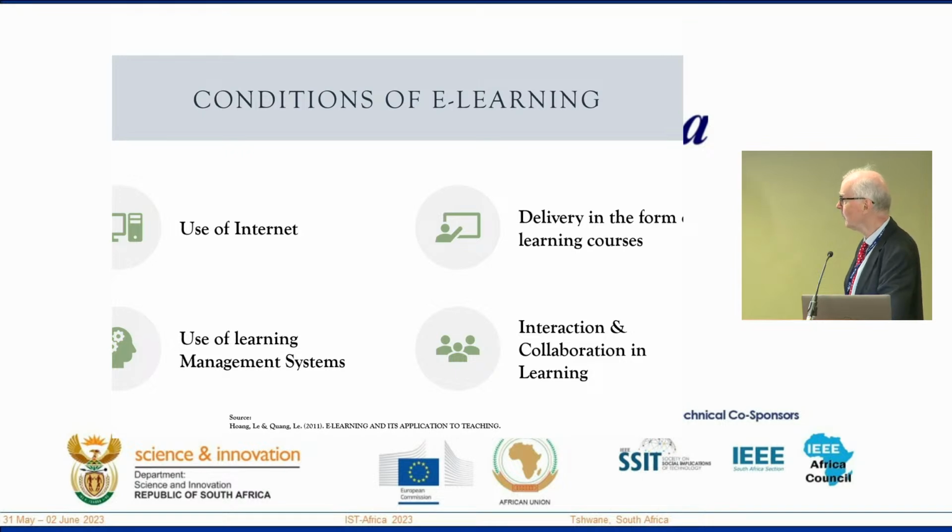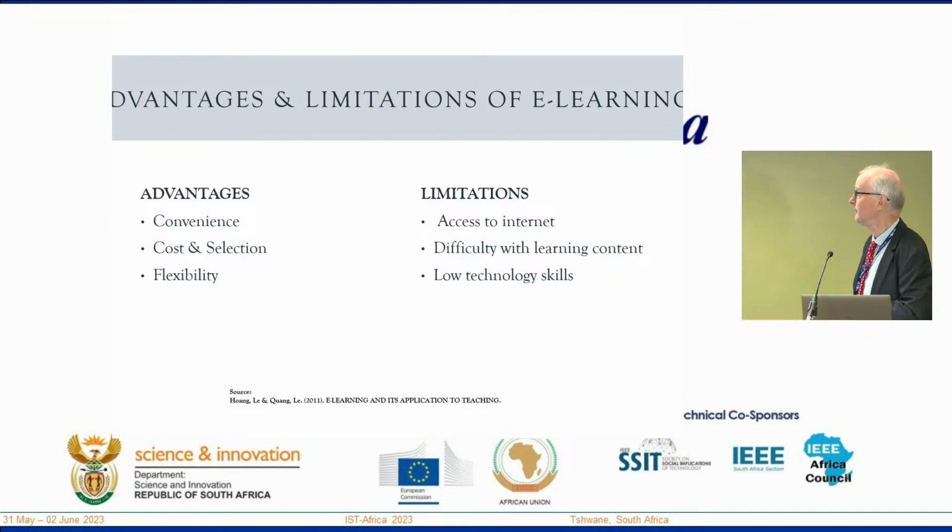And one of the most important aspects of e-learning is that you have to take care of interaction and collaboration of the students and student trainers. It's not only that you provide the lecture online, but you have to activate the learners in different ways, and you have to be trained for that.